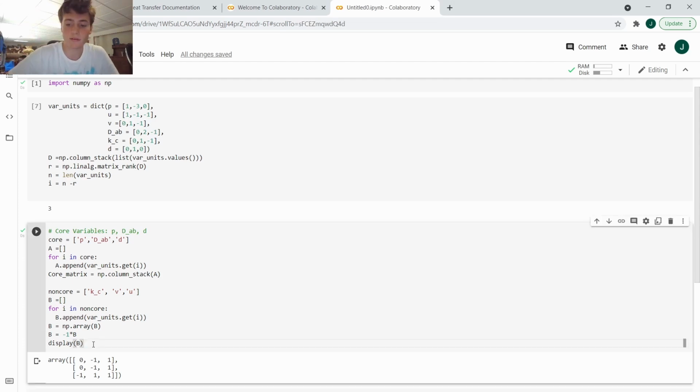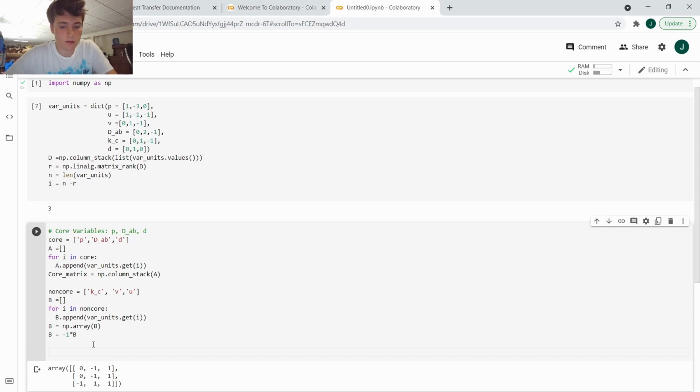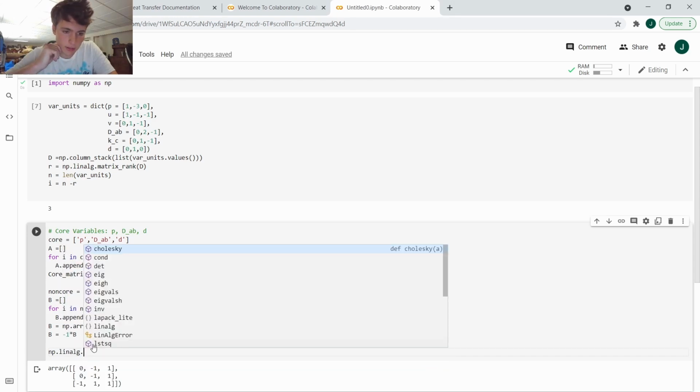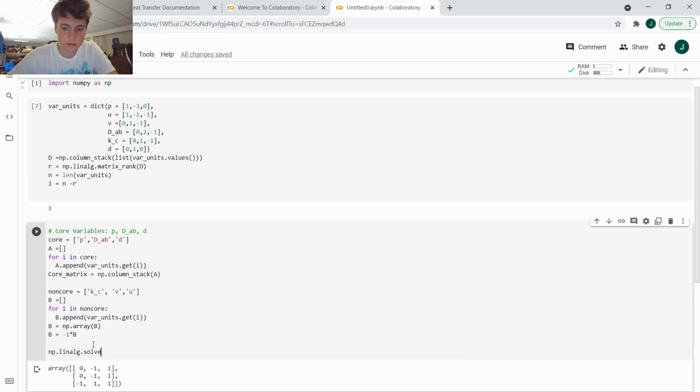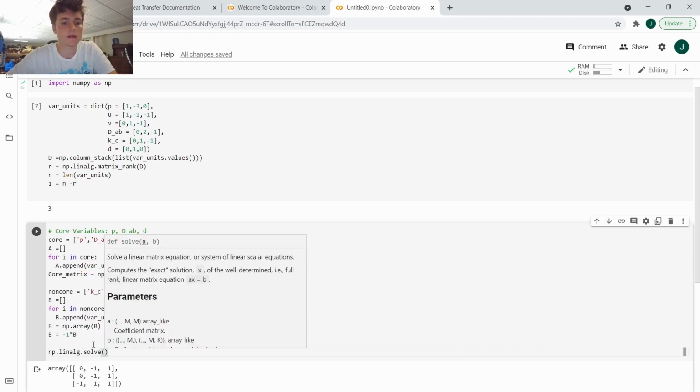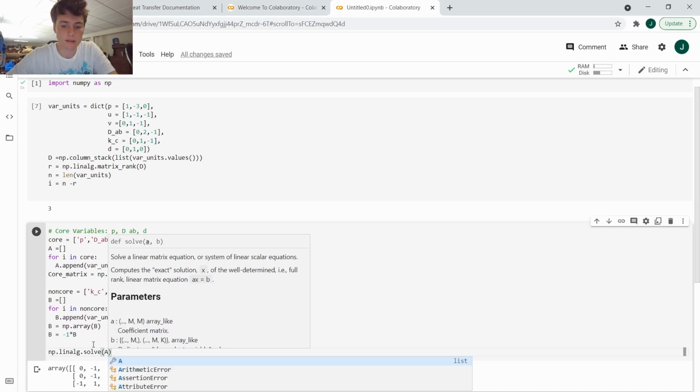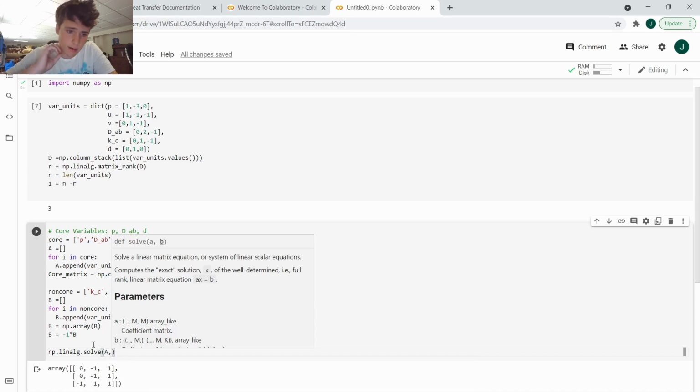Now all we have to do is use the linear algebra submodule and solve these systems of equations. We access the linear algebra module in the NumPy library, and then we put solve, and we need our left-hand side, which is the matrix, and the right-hand side, which is just b.